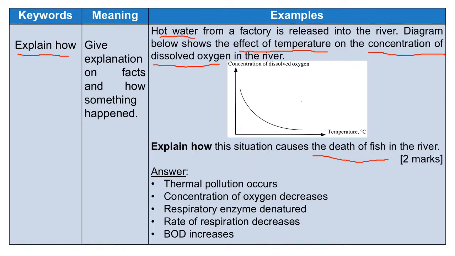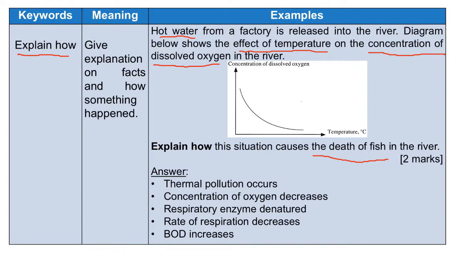Explain how means give explanation on the facts and explain how this situation happened. So to explain how this situation happened, you need to analyze the information from the graph. We look at the graph first. X-axis of this graph shows temperature.